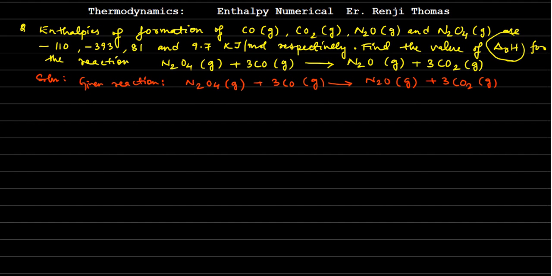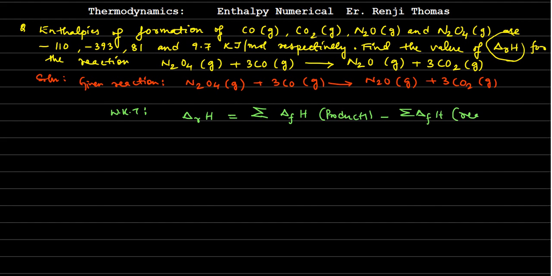First of all, my dear students, you should remember a formula. Right now we know that delta RH means enthalpy change of the reaction. So it has got a beautiful formula. The formula is summation of delta FH of products minus summation of delta FH of reactants.